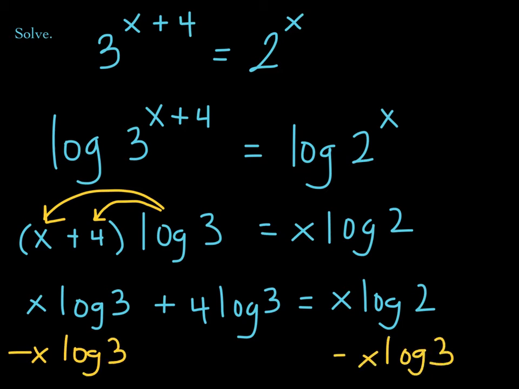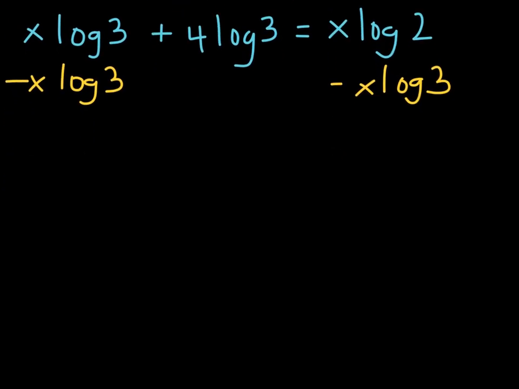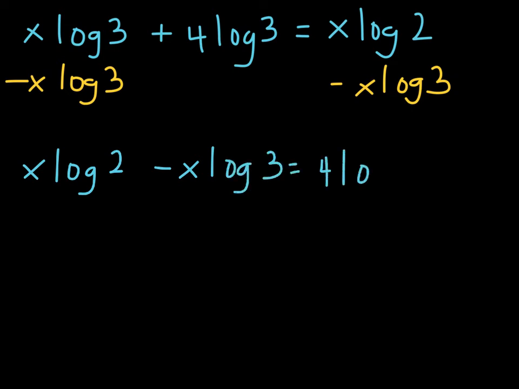And what I have as a result is, allow me to write the right-hand side first: x log 2 minus x log 3 is equal to 4 log 3.